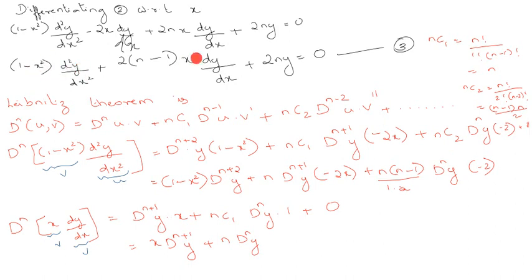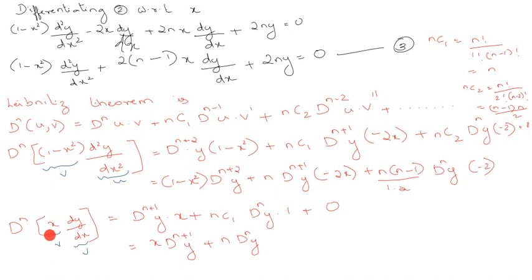Now we need to differentiate this term x into dy by dx n times, that is dn of x into dy by dx. Here also we are taking x as v. So after first differential, this term will become 1 and the differential of 1 will become 0. So this series will terminate soon if we take x as v. That's why we are taking x as v.